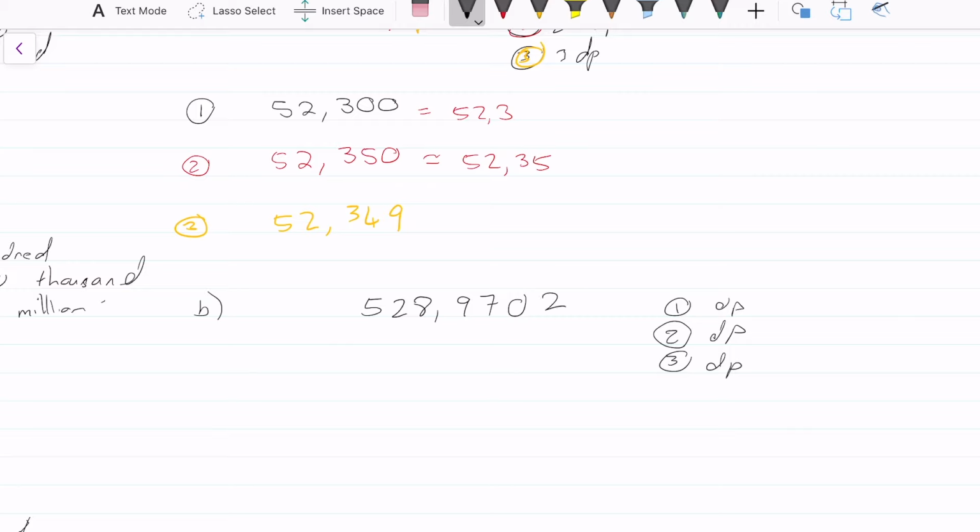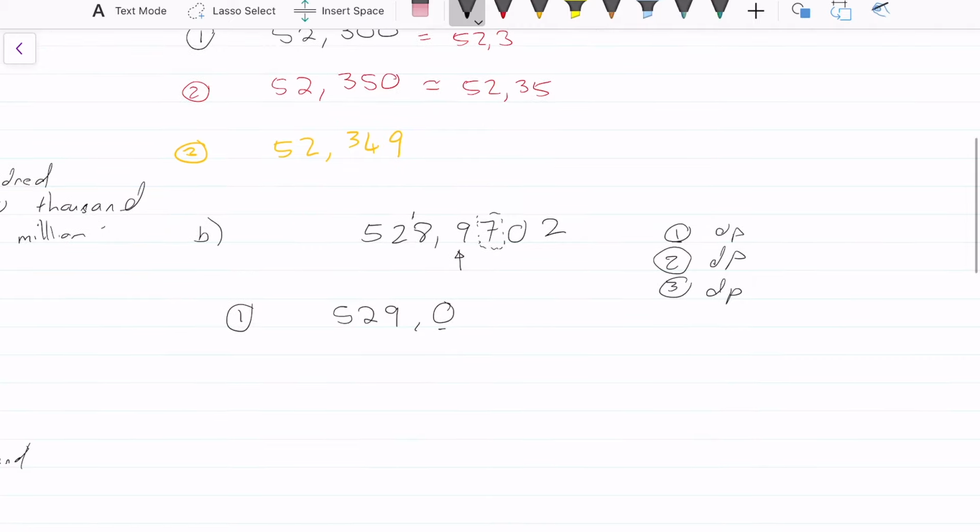Okay, so looking at the first one, we want 1 decimal place, so we're looking at this 7 as the value of interest. So 7 is greater than 5, so we have to round up. Again, a problem comes in when we round up 9, it becomes 10, so we add 1 here. So we're left with 529,0. Okay, when it says 1 decimal place, just show the 0 because it wants it to the first decimal place.